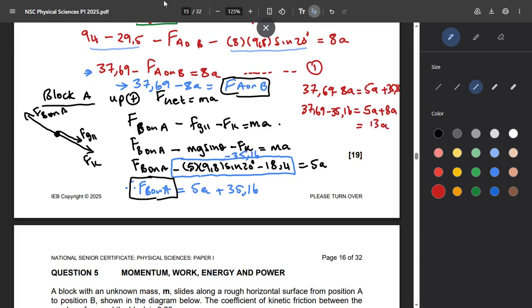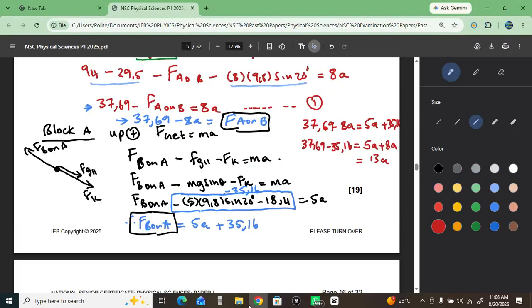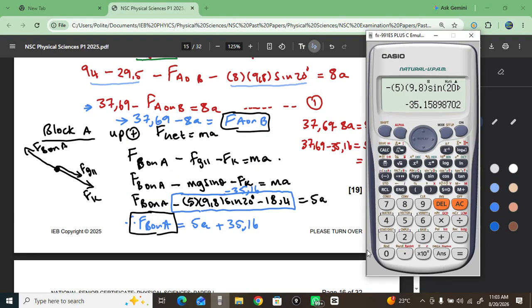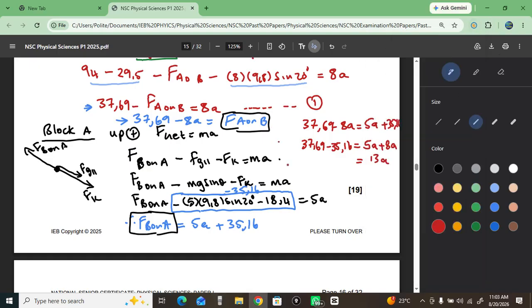And then the other side, it's 37.69 minus 35.16. This gives us 2.53. So this is 2.53. Divide both sides by 13.